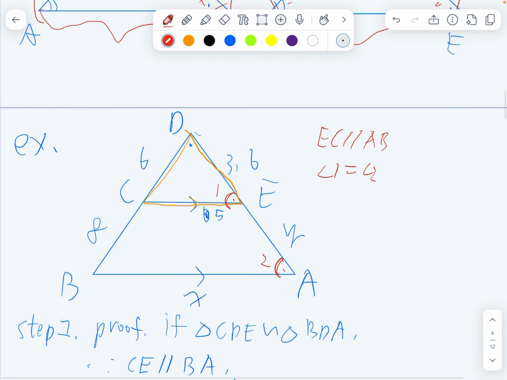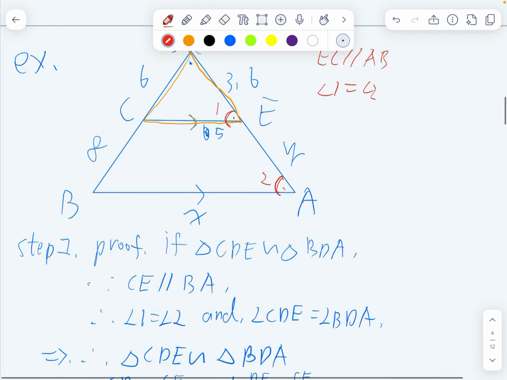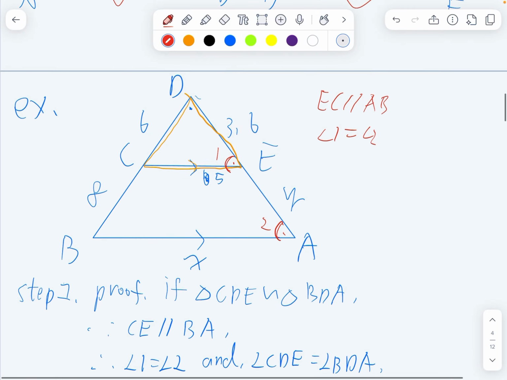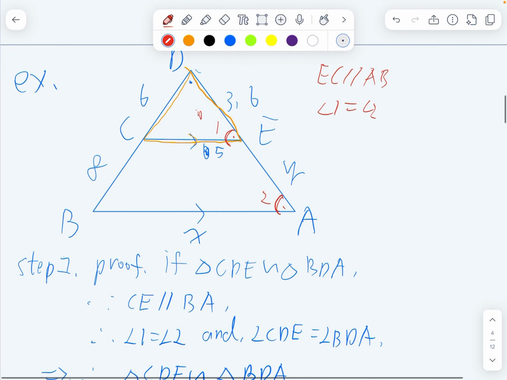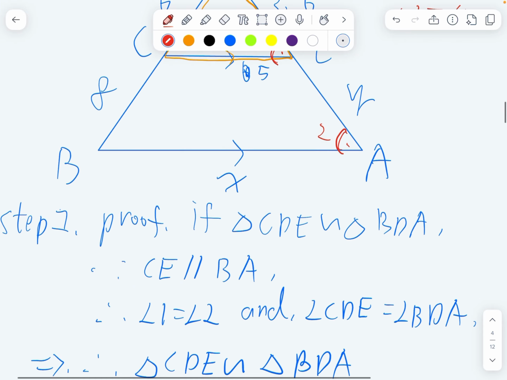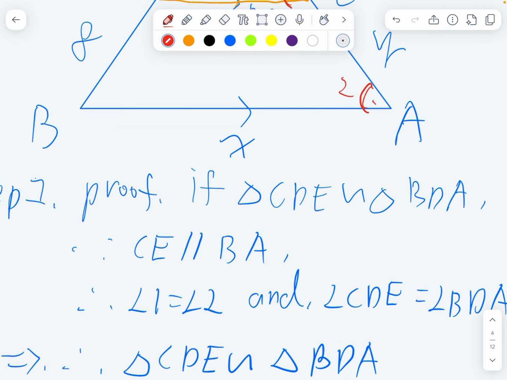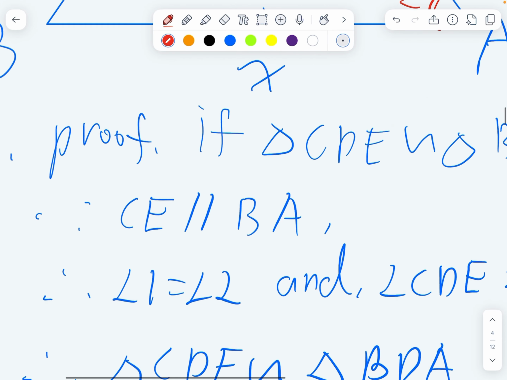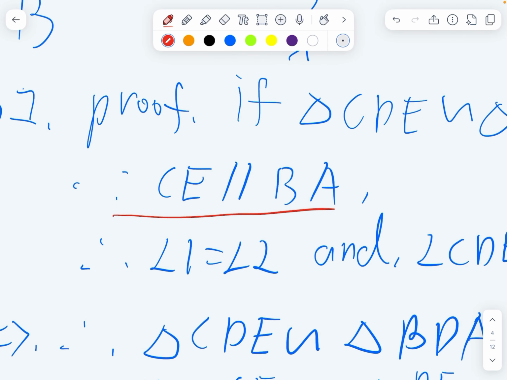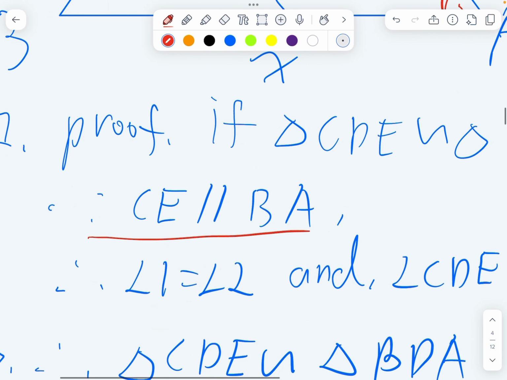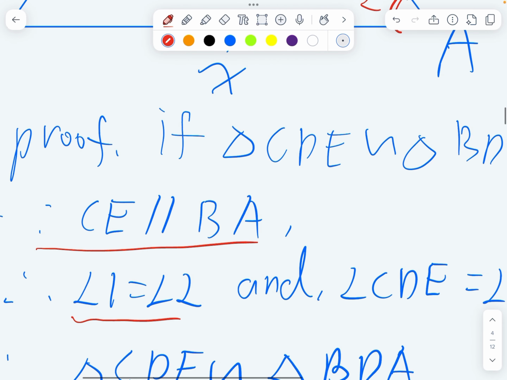First we need to prove that the two triangles are similar. We can write that since EC is parallel to BA, angle 1 equals angle 2.